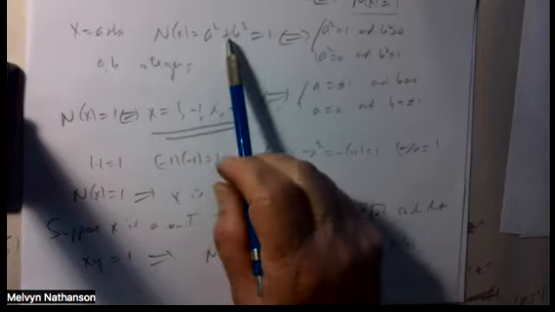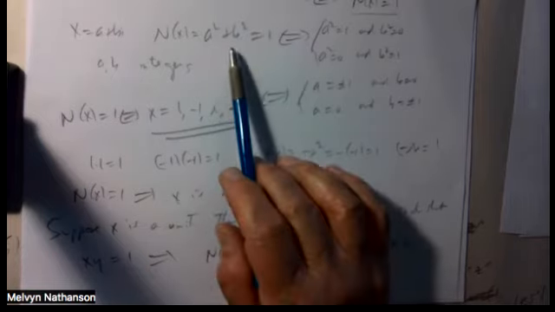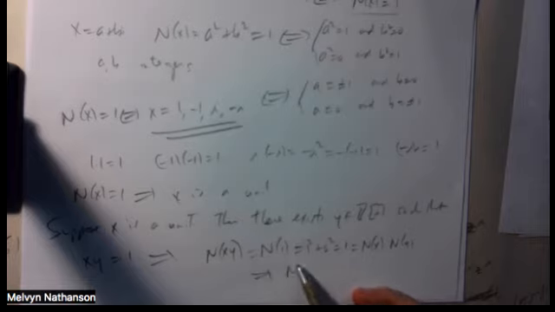And the norm of x, remember, is a squared plus b squared. It's a non-negative integer. So the only time a product of two non-negative integers is 1 is when both of the numbers are 1. So if x is a unit, the norm of x is 1. So that's the proof of part B.